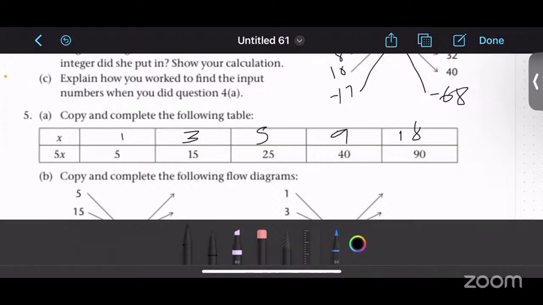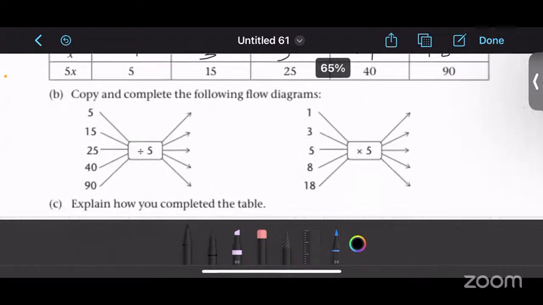So it's 72. 72 plus 18 is going to be 90. Yes, it is 90. Perfect.